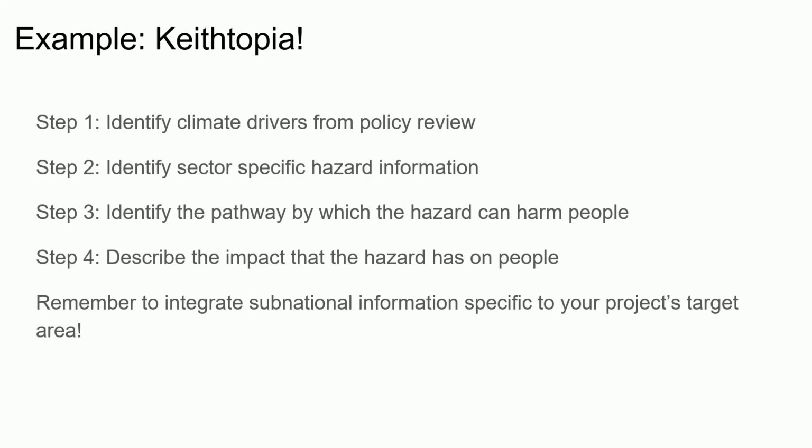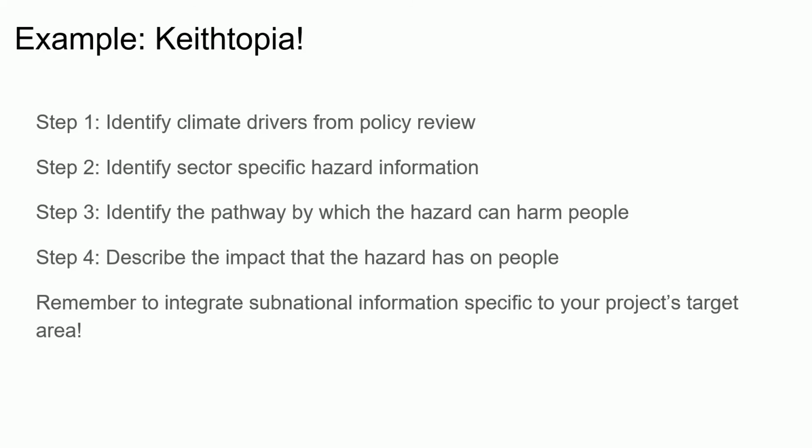So here again, it's useful to describe observed damages, but it is also very important to include research and projections that indicate that the problem will be worse in the future as the climate continues to change. This helps to make the case that we really need to do something about it with a project, that it's an urgent need.